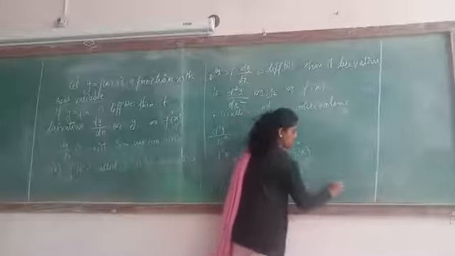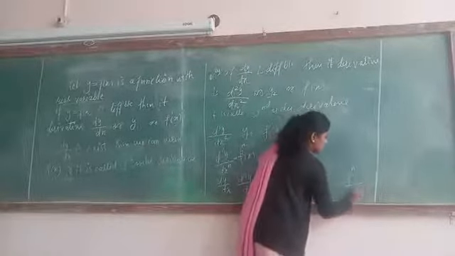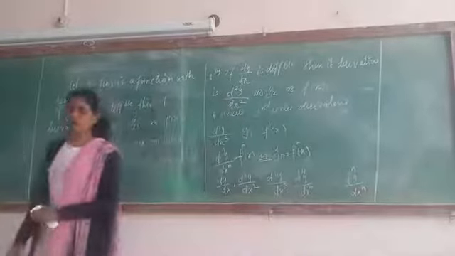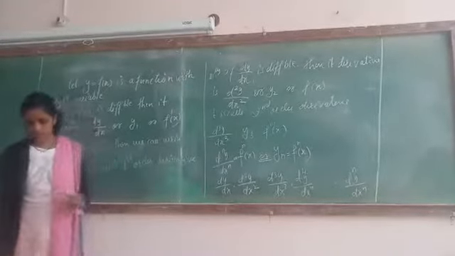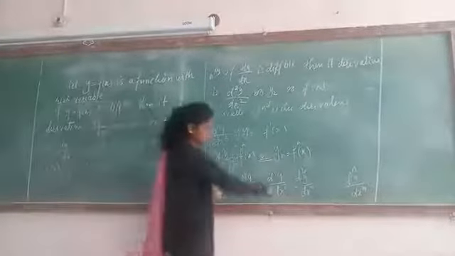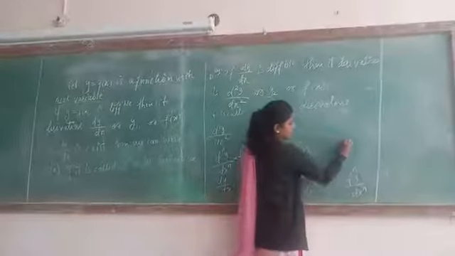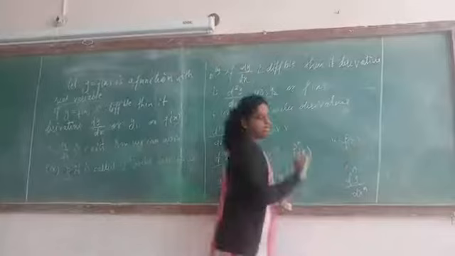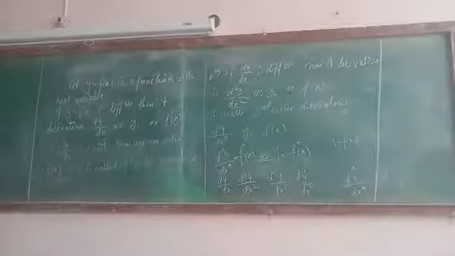If we continue this, we will get the nth derivative, d to the power n y divided by dx to the power n. And this is the derivative of y is equal to f of x.